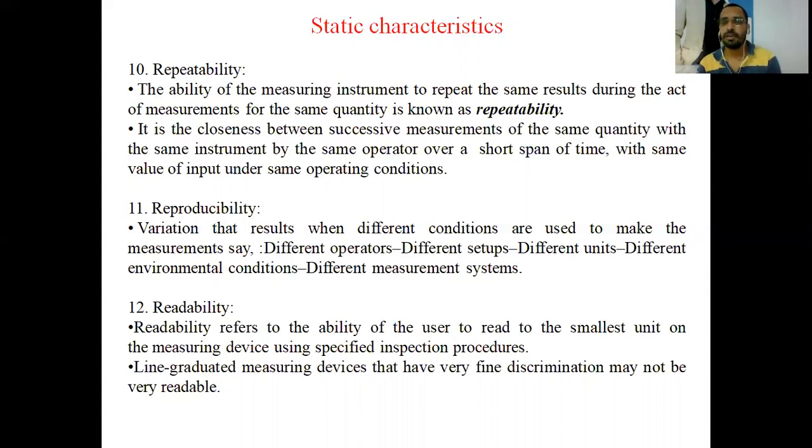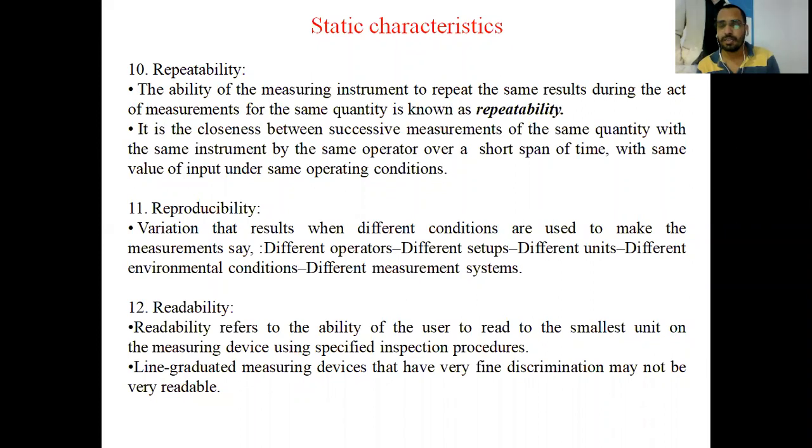For example, a number of operators can take the reading of the same input, in different environmental conditions and with different instruments. For example, we have an ammeter and we have to measure a current of 10 ampere. I can measure 10 ampere, or another person, say person X, also measures 10 ampere.